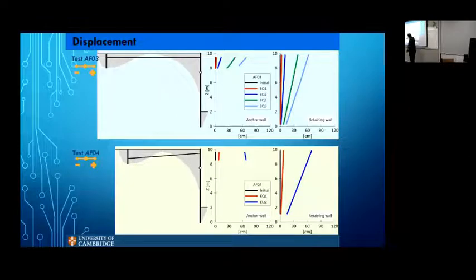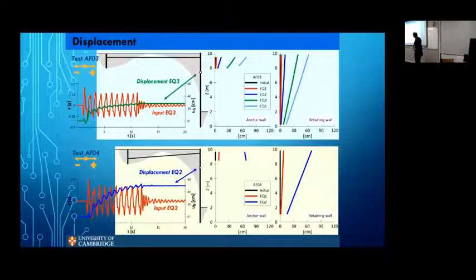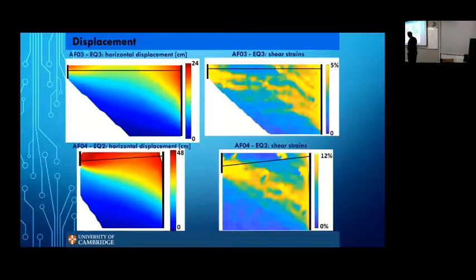Whereas in the shorter case, it's also moving, but it's moving more or less horizontally, but by a long distance. These are in centimeters. And the whole wall rotates. So we can see the failures quite well, and we can also get the displacements of these points directly from the PIV.